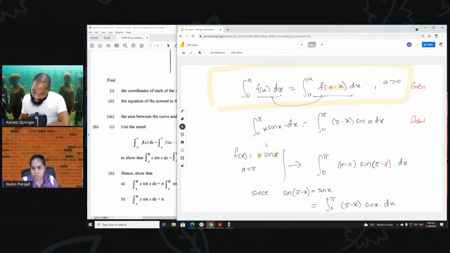Well, really, according to this, the only thing they're really asking you, stay with me, people, is to compare it. This is x sine x. This is f of x. How to explain this in a really simple way?